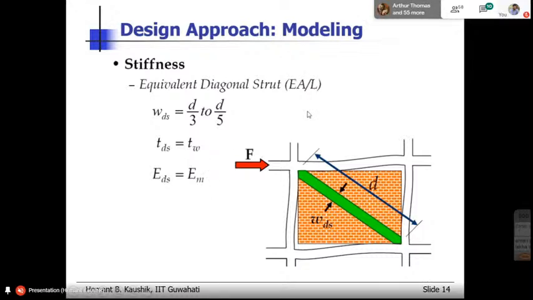So stiffness is taken care of. Those of you who know how to model the RC frame will be very easily able to model this diagonal strut also. It is exactly similar. The only difference is you need to create additional hinges here so that the moment is not transferred from the frame to the wall.